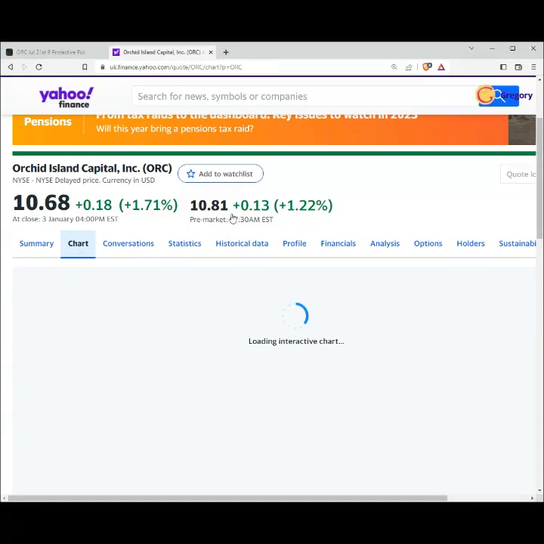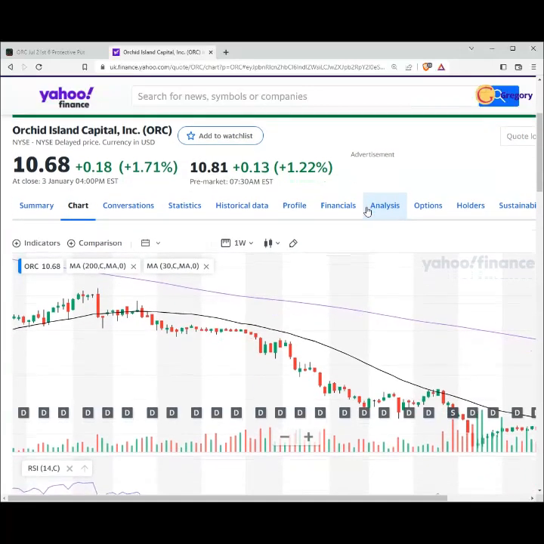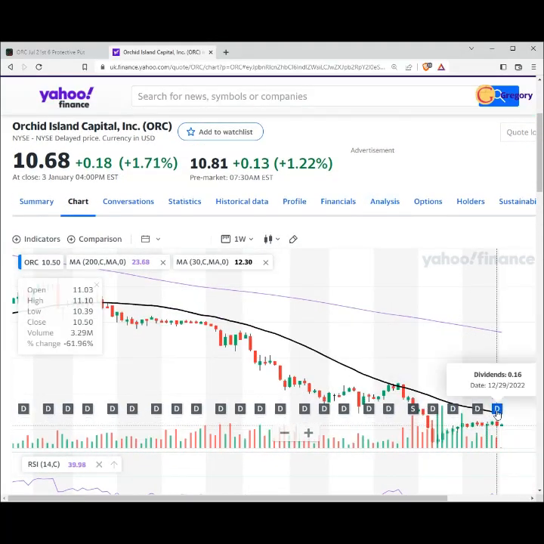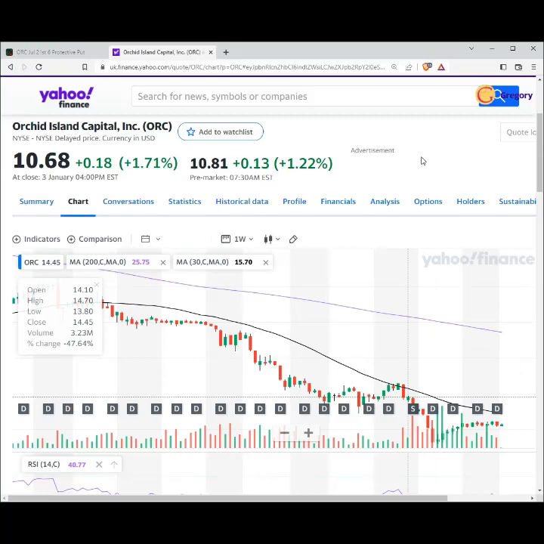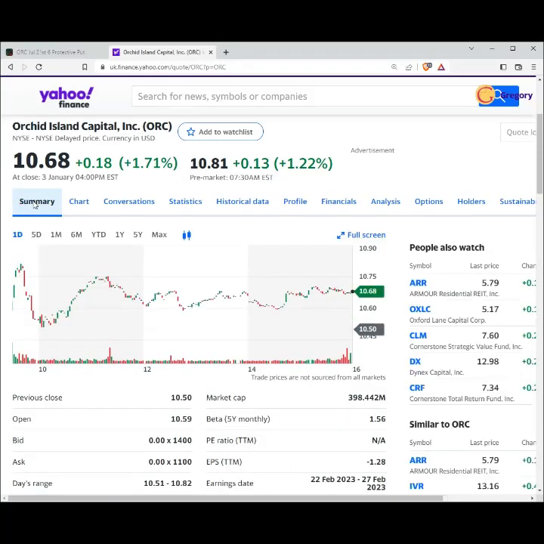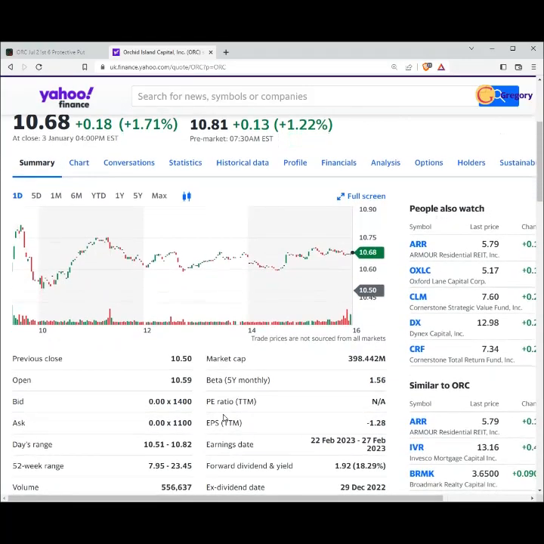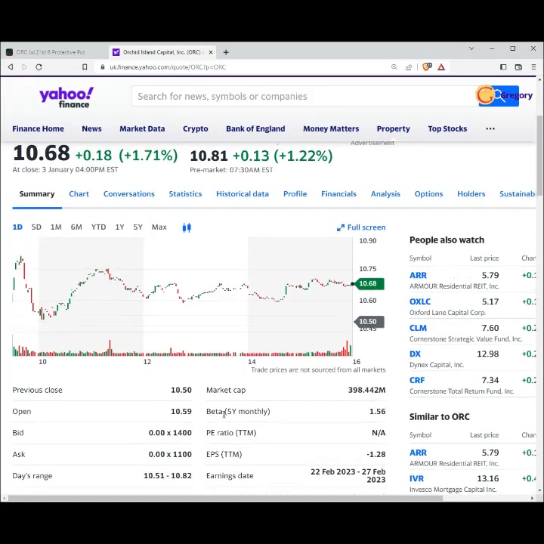And when we check out the charts, you will realize that ticker symbol ORC pays a monthly dividend of about 16 cents per share, which is a good payout. As we see here, this is a payout in excess of 18%. That's not a bad asset to own over time.